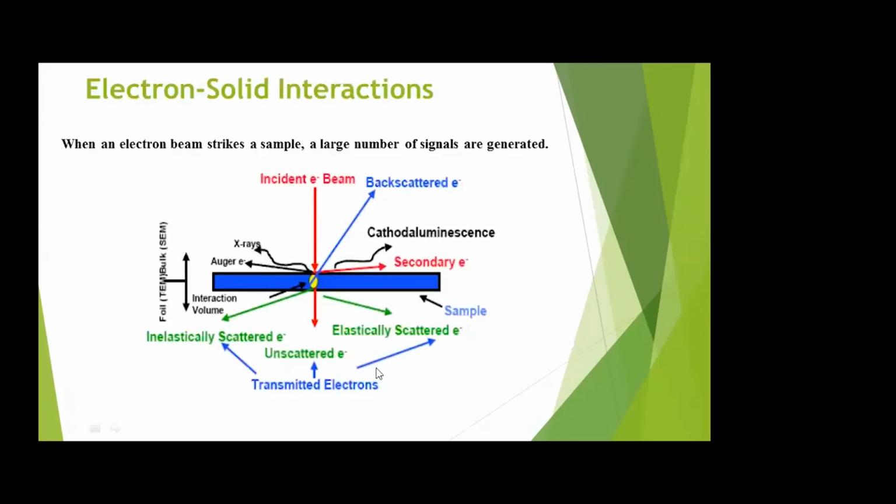This picture will give you an idea about various signals that are generated. So when an electron beam strikes a sample, a large number of signals are generated. So this is the platform or a stage in which the sample is mounted.